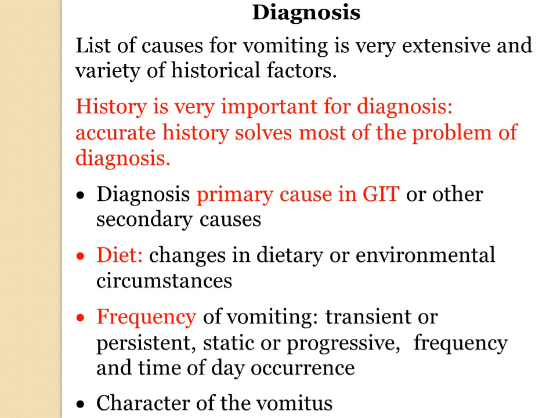History must be very accurate, and that solves most of our diagnostic problems. If the clinician is expert in taking history, he will diagnose the disease very easily. Most vomiting is caused by primary causes in the gastrointestinal tract and sometimes by secondary causes, diseases other than the GIT.